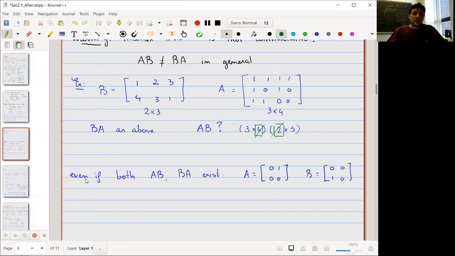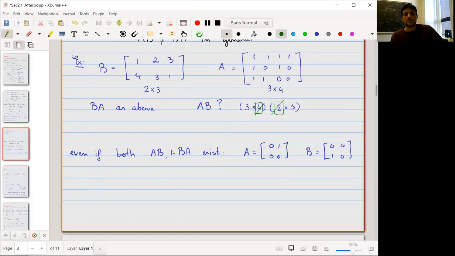However, even if both AB and BA exist, they need not be the same. Here's a little example. Suppose that A and B are these two matrices. Then let's compute AB. To do that, I need to take A times B1 and A times B2. Let's just do it here. If I multiply A by B1, I get 1, 0.